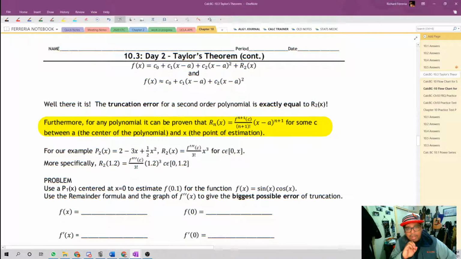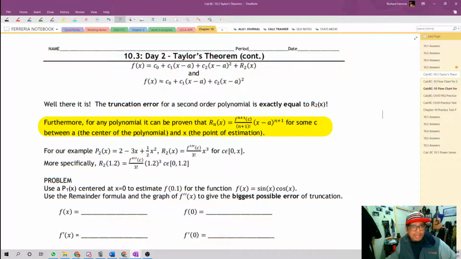So if I look at the third degree term, that's going to be at least as big as the rest of the terms. In fact, we could say that at some point, if I evaluate the derivative someplace, then the third ordered term is going to be exactly equal to the remainder.